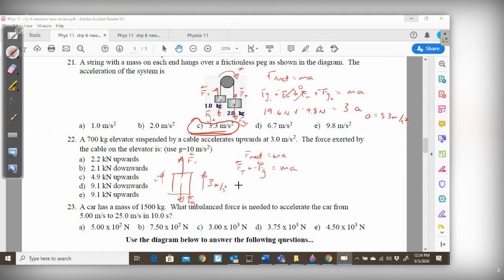Force of tension. Our force of gravity, well, that's going to be 700 times our 9.8. That's our force of gravity. 6,860. And we'll have 700 times the acceleration, which happens to be 3.